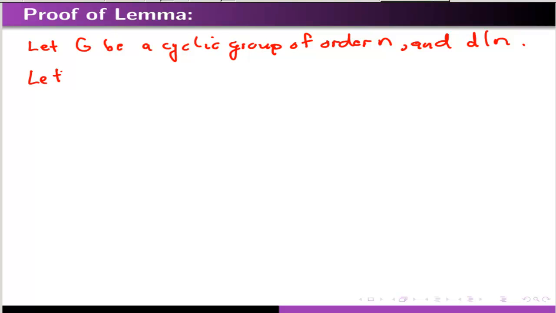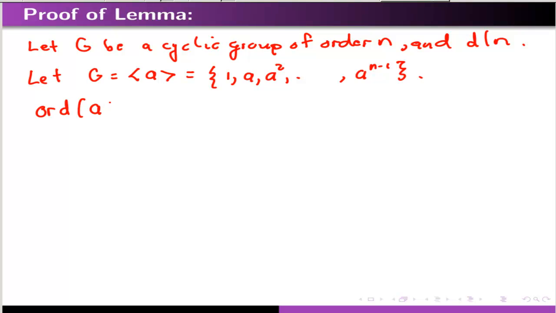So I'm going to let G be generated, say, by a. So you'll have the identity, a, a squared, up to a to the n minus 1. And let's let j be some power right here. And I want to look at what is the order of a to the j power.